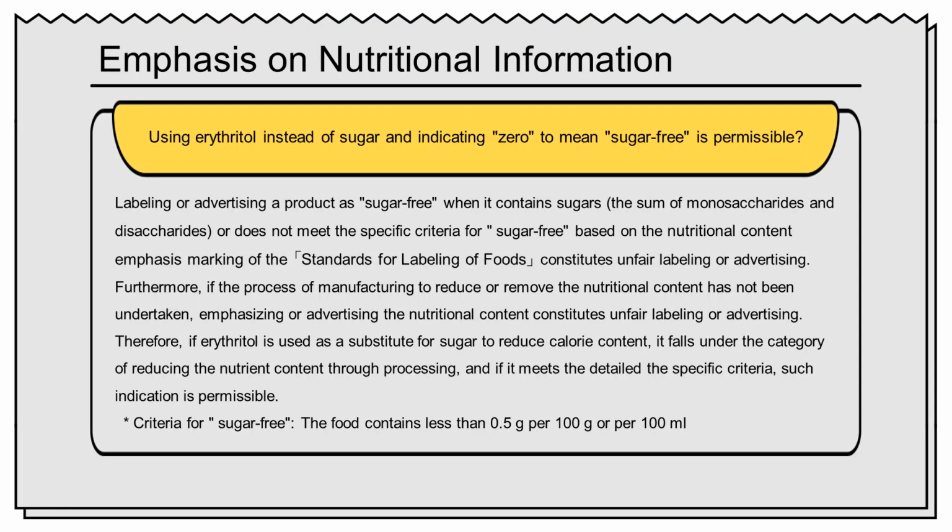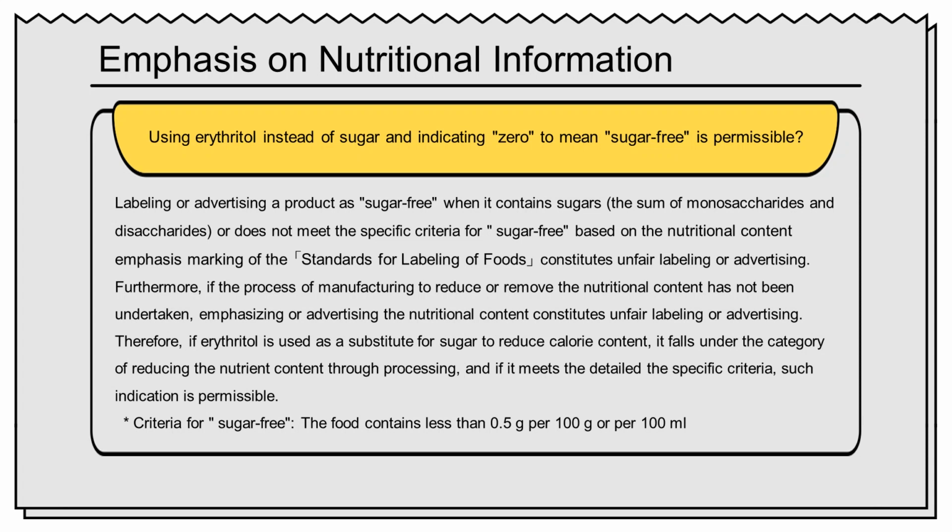Can we use erythritol instead of sugar and indicate 0 to mean sugar-free? The use of terms like "sugar-free" on products that are not appropriate, according to the nutrition emphasis labeling standards in the standards for labeling of foods, is considered misleading labeling or advertising.